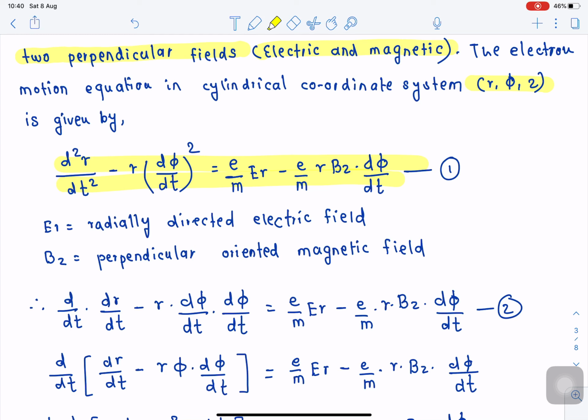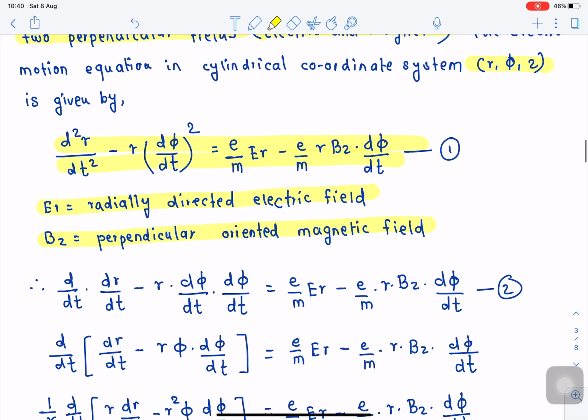Here E_r is the radially directed electric field, because the electric field exists between the cathode and anode, and we call it a radial field. And B_z is the magnetic field, which is oriented in a perpendicular direction. So between anode and cathode we have the electric field oriented radially, while the magnetic field is perpendicular to it and is denoted by B_z.